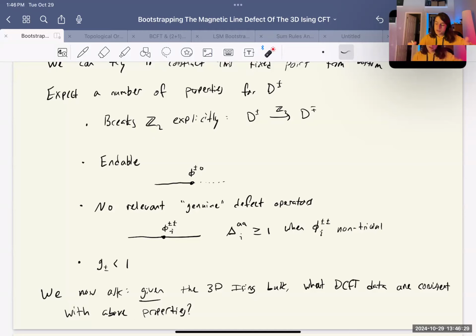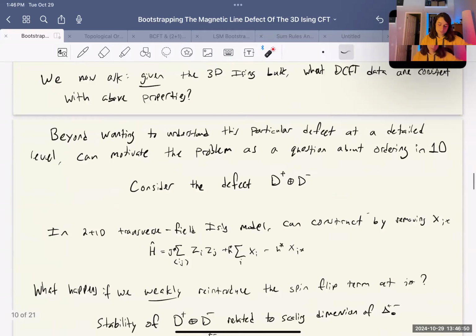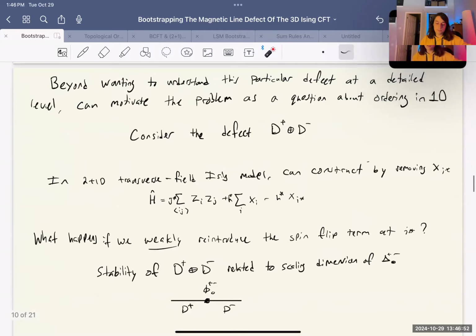So now the question for Bootstrap is: if we make all these assumptions and we assume various things about the 3D Ising bulk, what scenarios of the defect CFT data are going to be consistent with all these assumptions? We're going to look to bound all these different quantities, like g and the scaling dimensions of different defect changing operators, and so on.